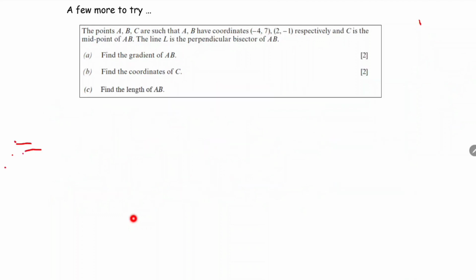Okay, last question. The gradient of AB. So x1, y1, x2, y2. The gradient of AB is going to be equal to 7 minus 1 over minus 4 minus 2. That becomes 8 over minus 6, which is minus 4 over 3.